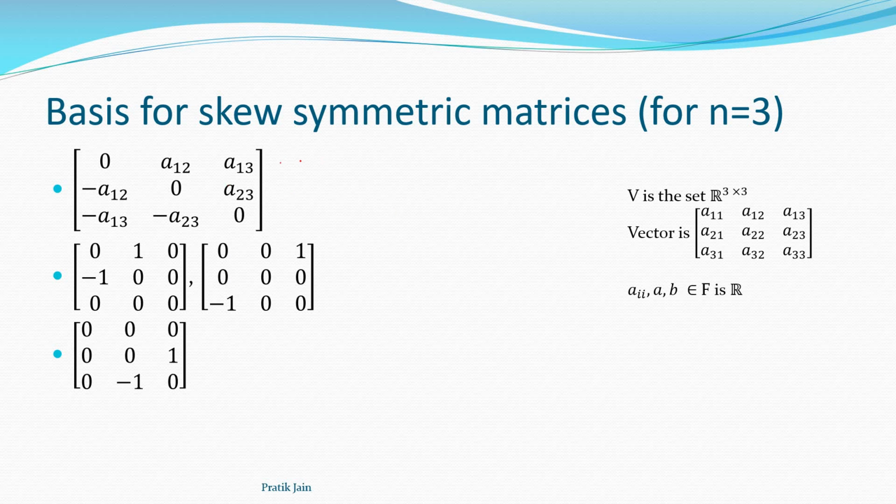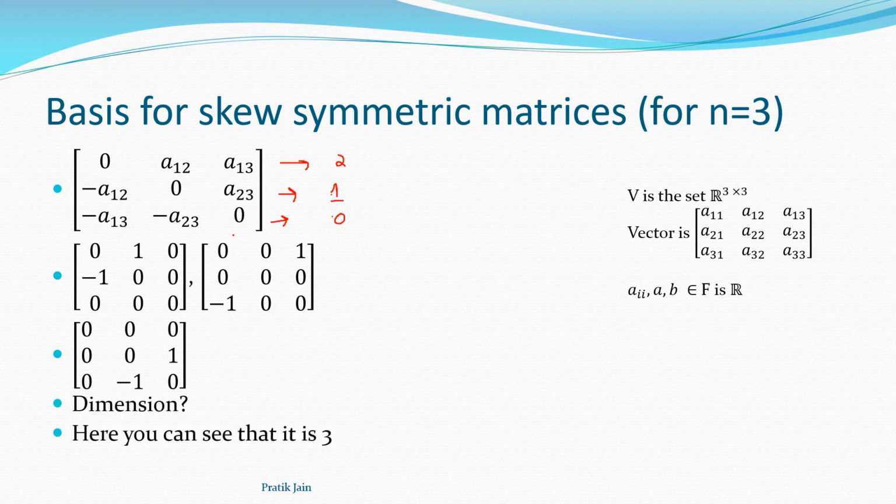So now for this what happens is you get 2 over here, only 2 free variables, and you have only 1 free variable over here, and you have no free variable for the last row, right? No free variable, 0. So you add all of these, so you get dimension is equal to 3, right?